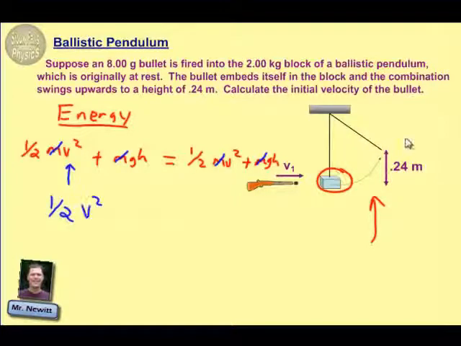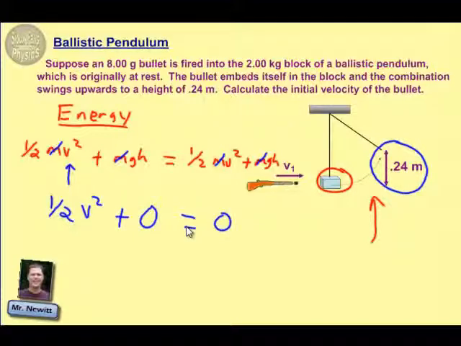So I'll have 1/2 v squared. I'm going to have no potential energy when the bullet and block initially come together. Afterward, when it swings up to its highest point, I have no kinetic energy because it's temporarily at rest there for an instant. So I have no velocity, no kinetic energy, and all I have is my g, 9.8, times the height that it goes up, 0.24.